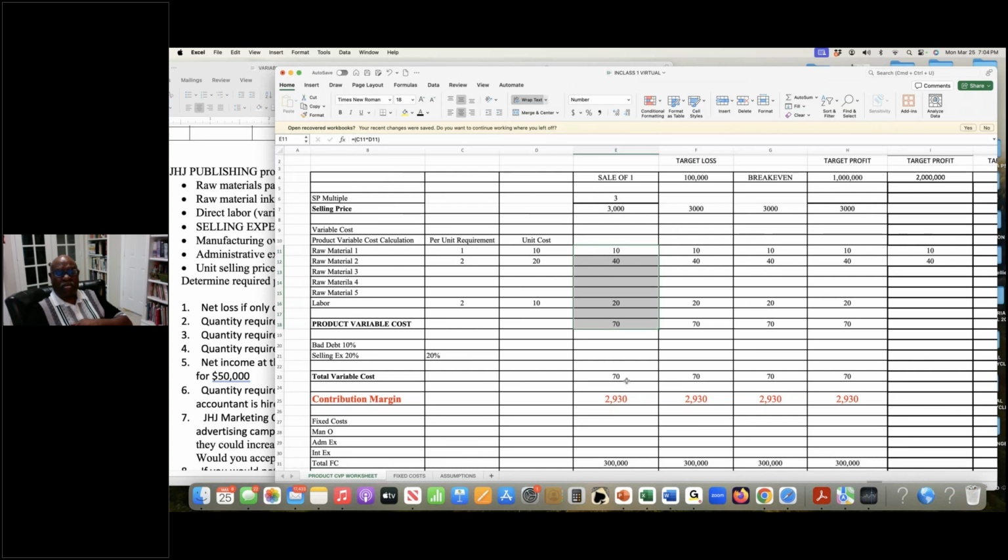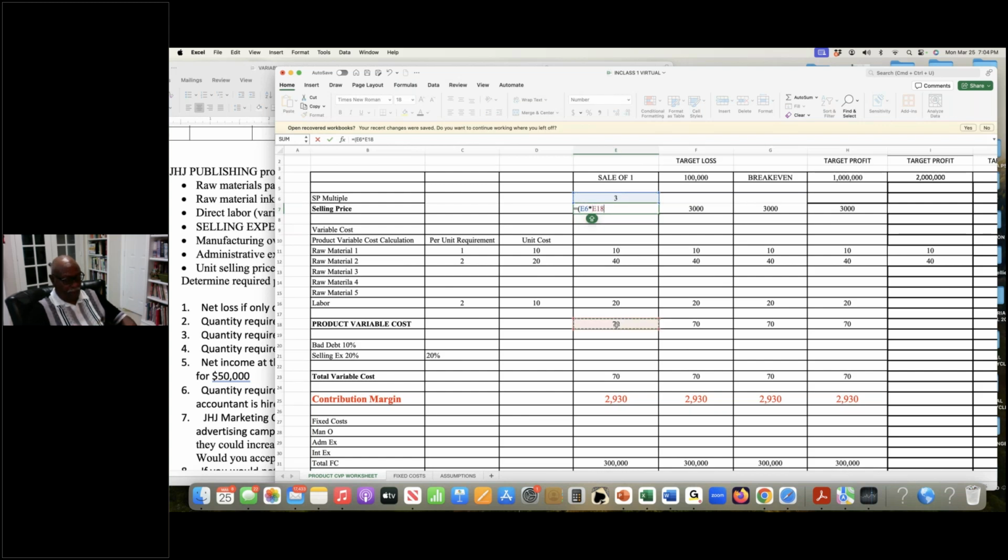And then we said the selling price is what now? It's 3 times the product variable cost. So the selling price is going to equal 3 times the product variable cost.